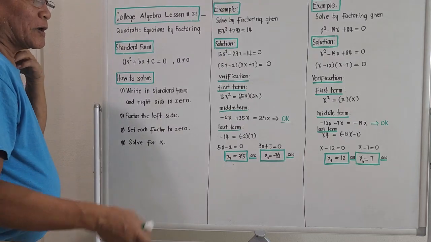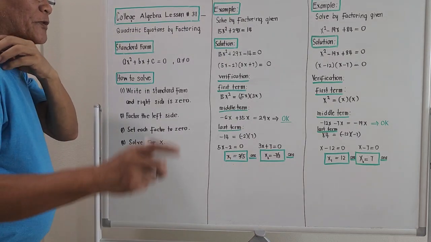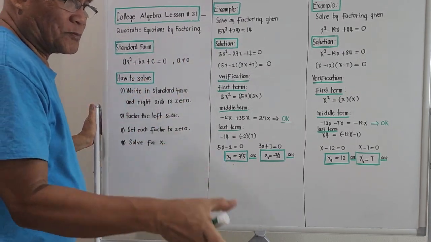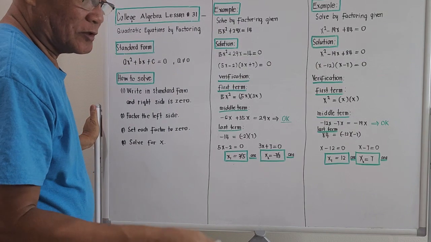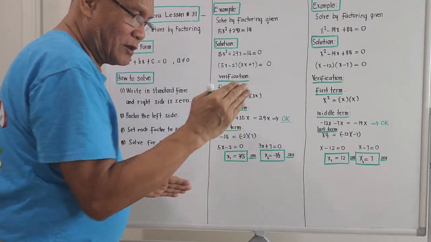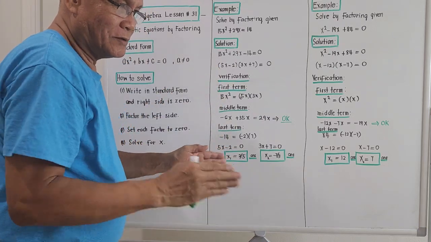Let's try to bring out the solution. The first solution of the quadratic equation is by factoring. So we passed by the discussion on special products in factoring because we will be needing those in this topic. So you got it?